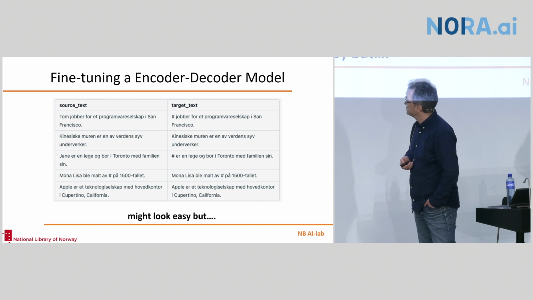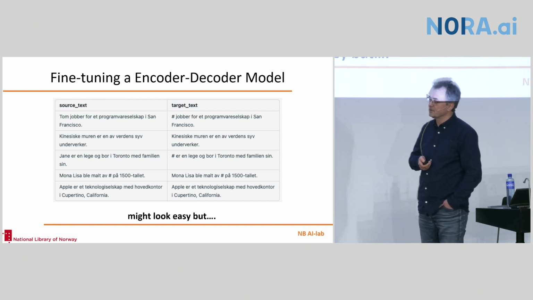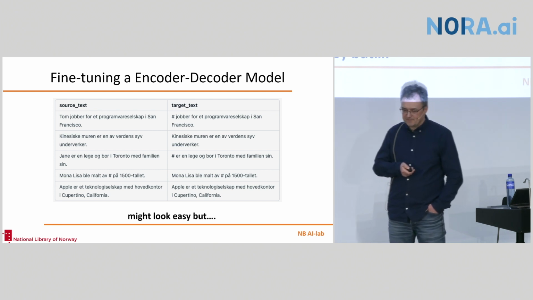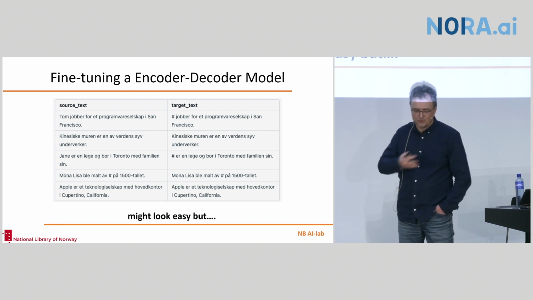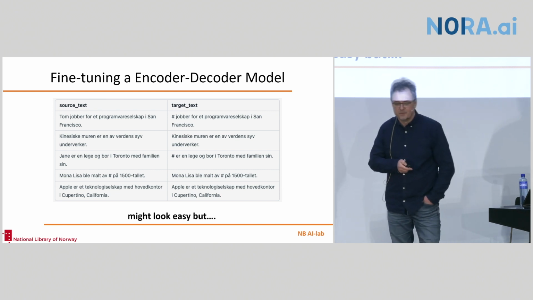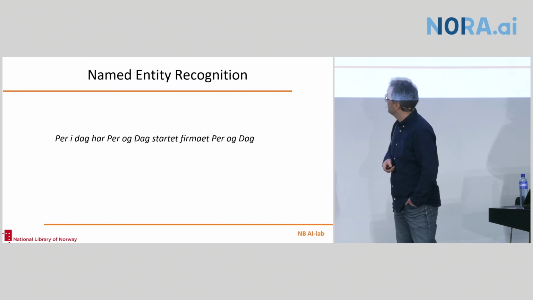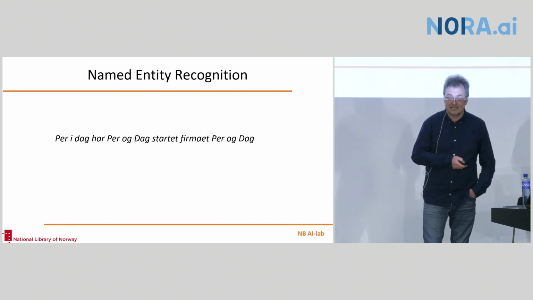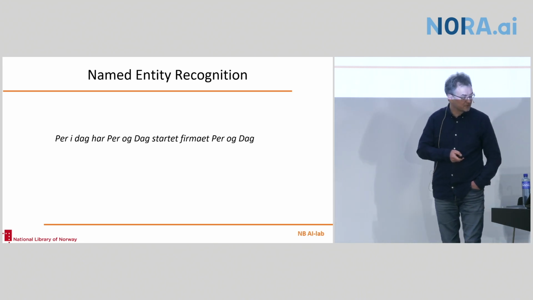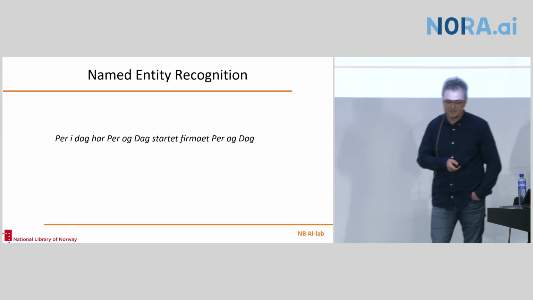This task is something that might look easy, and you can think, okay, why don't I just build a database of names, right? I can use that to scrape the data set, take out all known names. But in reality, that doesn't work good enough. In reality, you will have sentences like this. Per I dag har Per og Dag startet firmaet Per og Dag.